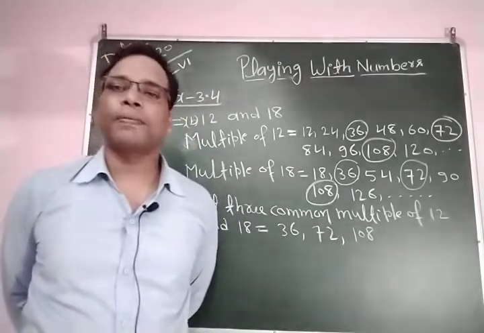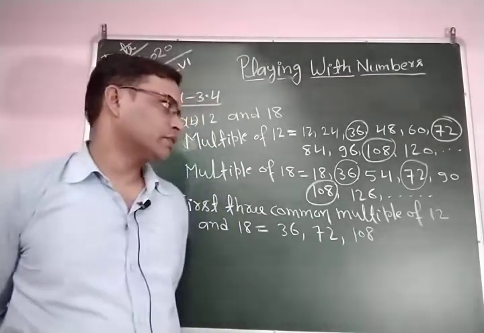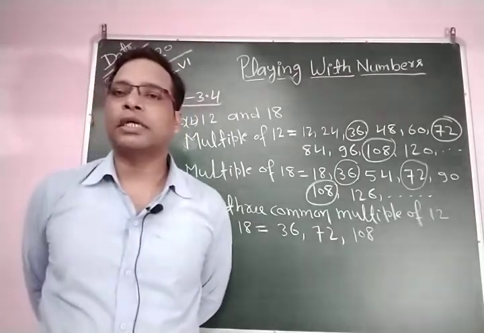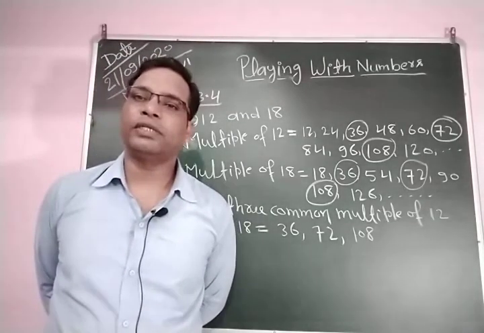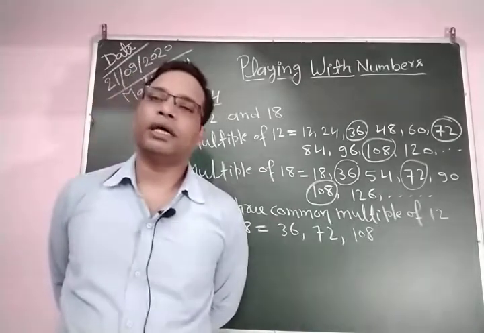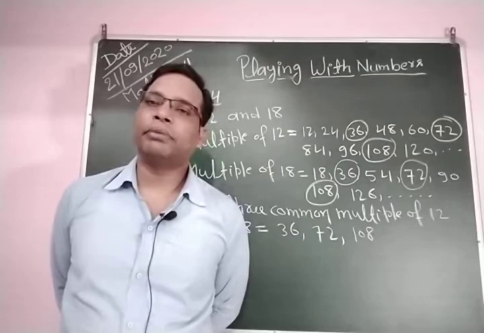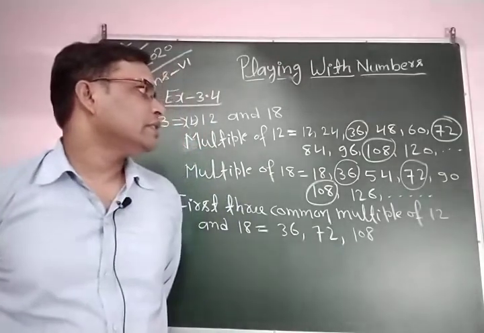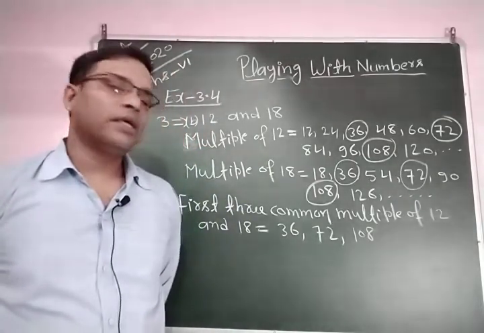So students, I hope all of you understood this question, how to find the common multiple of the given two or three numbers. For this, first we find the multiples of each given number, and after this we find which numbers are common in both.